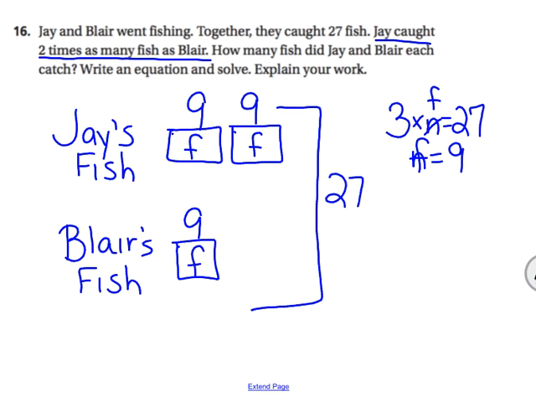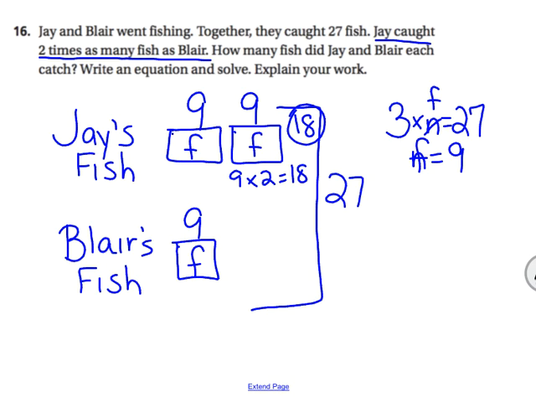And we're still not done because now we have to look at our model and say, how many fish did Jay catch? Well, I see 9 and 9, right? So that's really 9 times 2. And 9 times 2 for Jay equals 18. So I put his total and I circle it. So I know that that's Jay's total number of fish that he caught, which is 18.